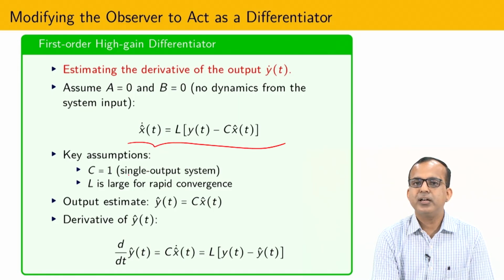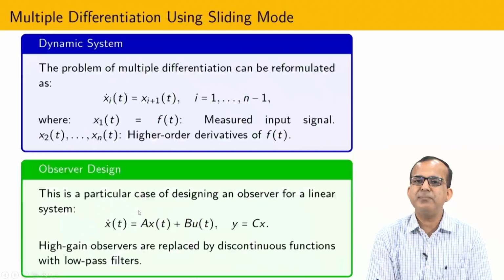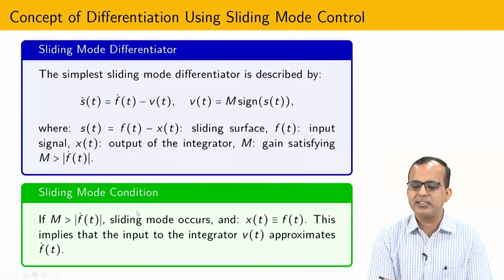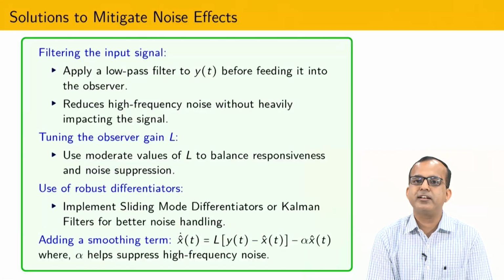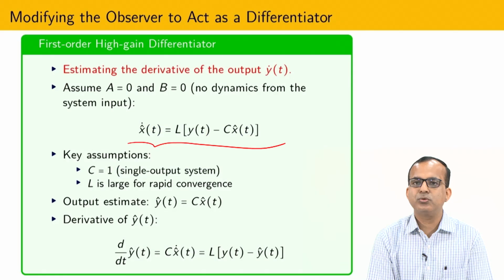Now here you can assume, since you have single input or single output, since I have to just differentiate one signal at a time, that this assumption is actually quite reasonable. Okay, so let us again come back to the original slide.